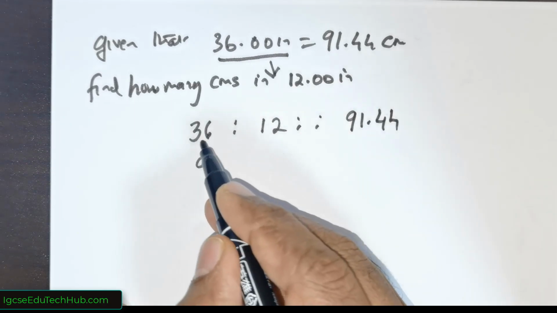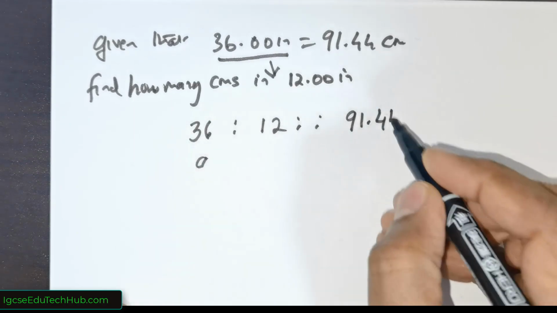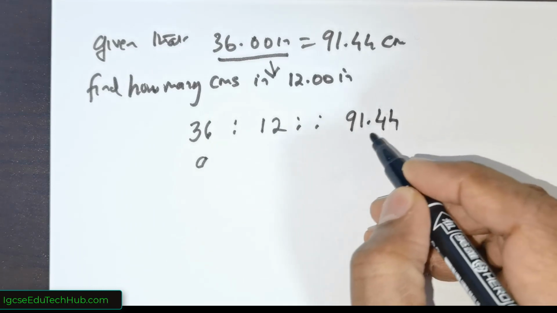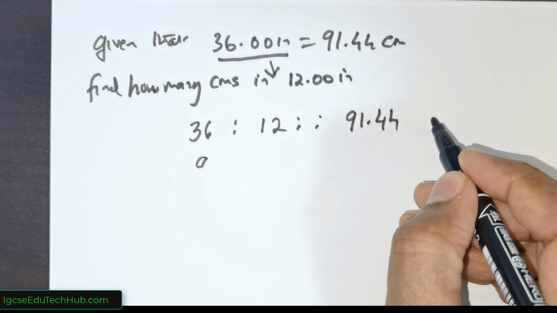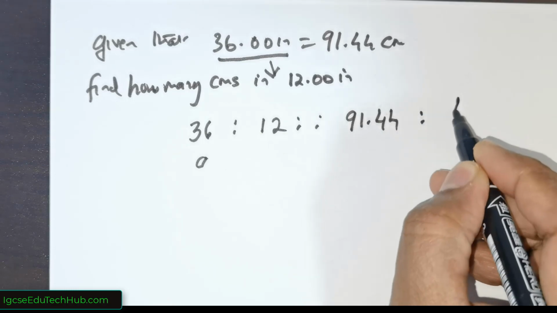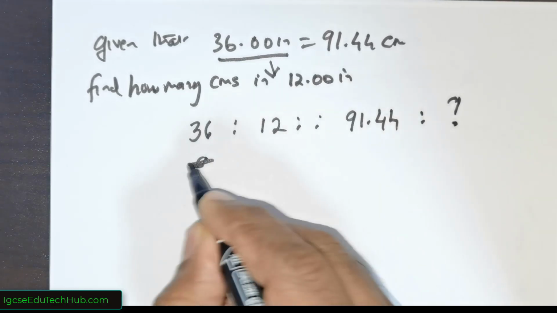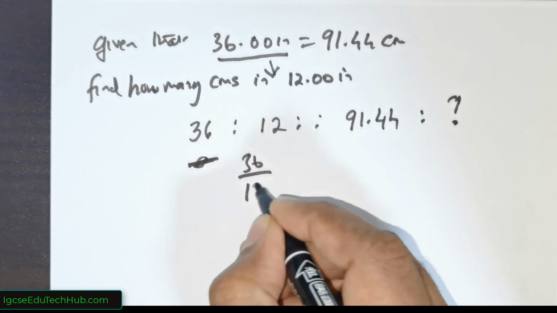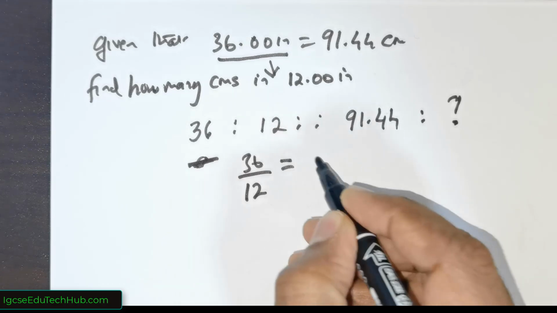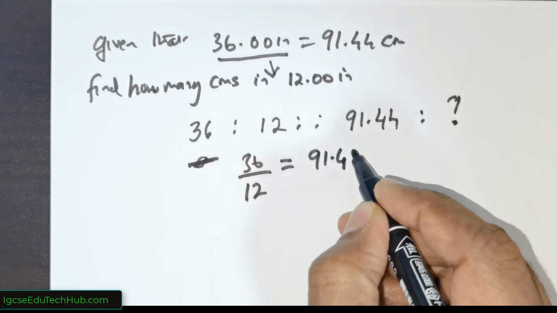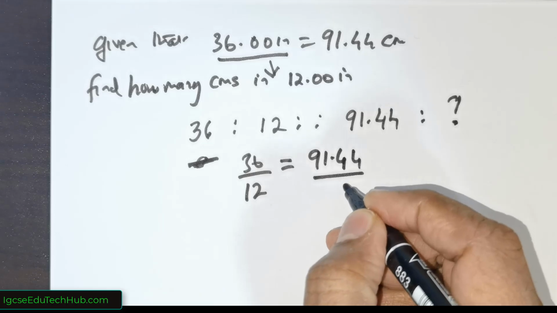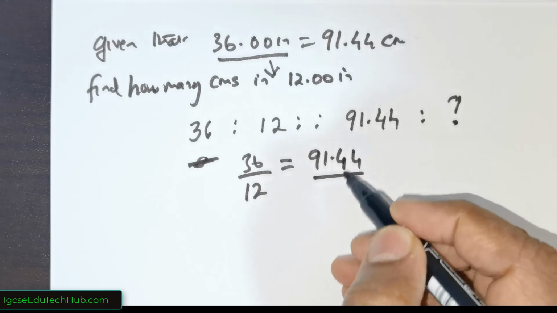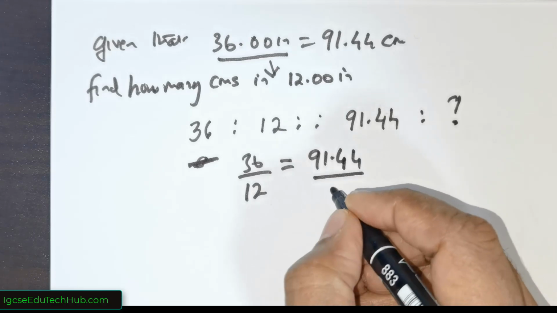So if 36 is dropping to 12, by how much will 91.44 cm drop to? Right, we wanted to know this drop. So when we are writing, we have to write it like this: 36 over 12 is equal to 91.44 divided by the required value. So we are looking for this quantity, so I'm just going to take it as some x.